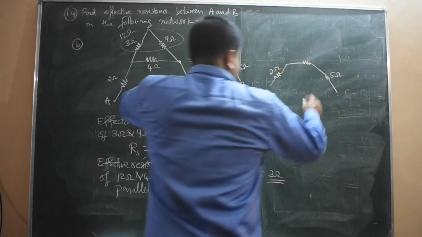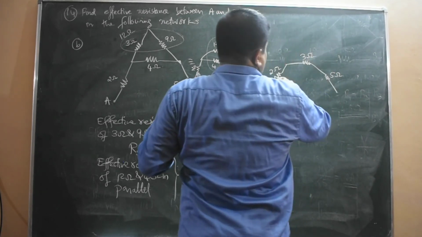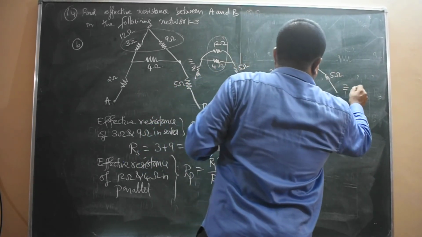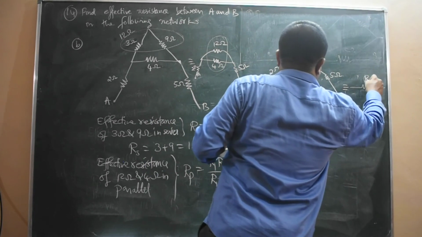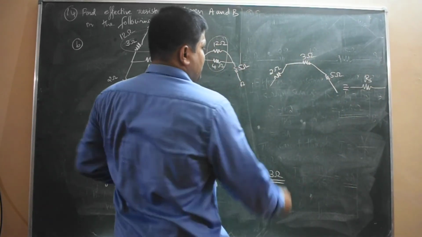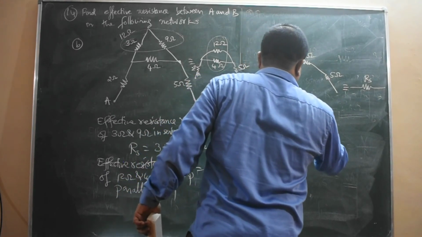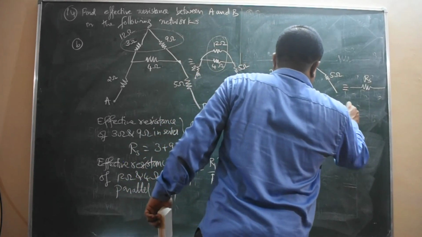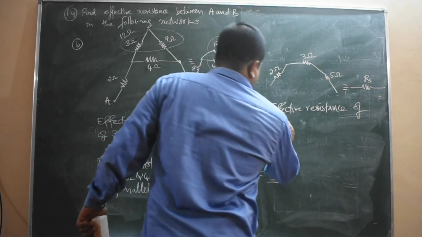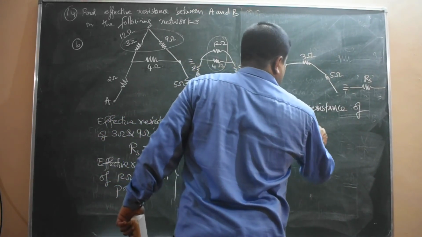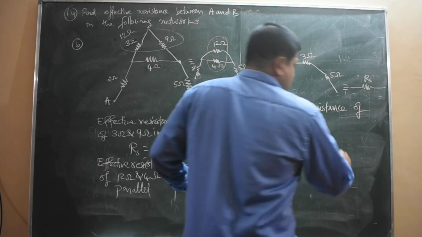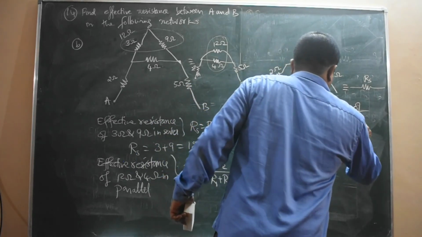Then I have here 3 ohm resistor, 2 ohm resistor, 5 ohm, which is equal to a single resistor, finally RS. Lastly, the effective resistance of 2 ohm, 3 ohm, 5 ohm in series.